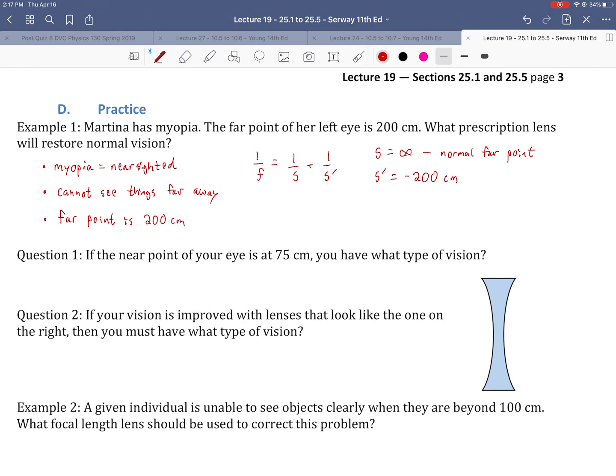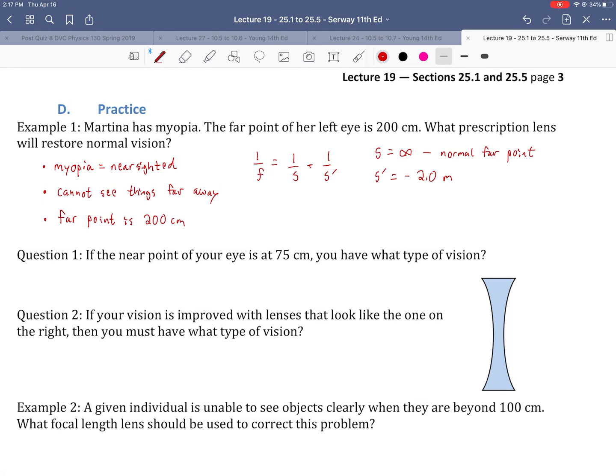Okay, why negative 200 centimeters? In fact, I will leave it in meters. I'm going to convert over to meters. But why negative? Because it's a virtual image. Virtual images created by lenses are always going to be negative.